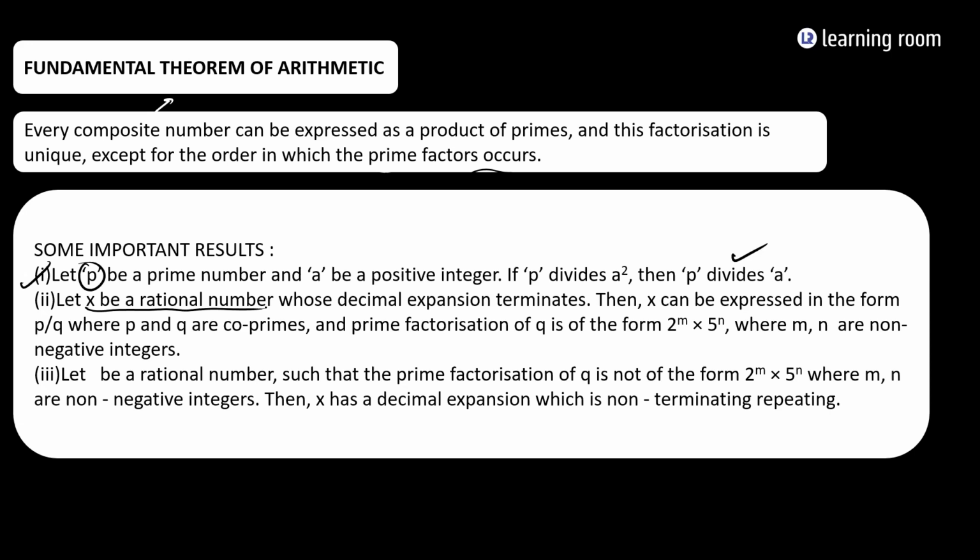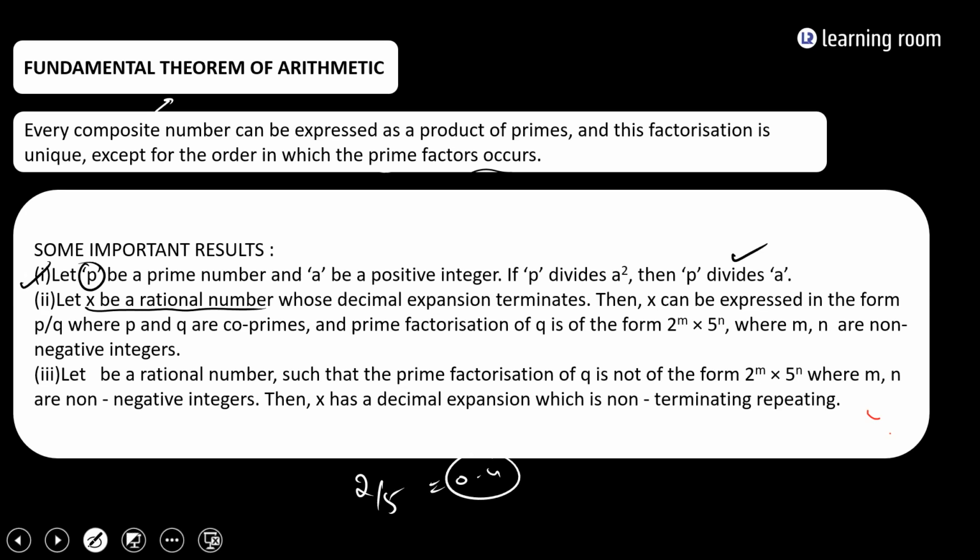Sorry, yeah, please tell me. If x is a rational number whose decimal terminates, what do you mean by that? Can you give me an example of such a number? 2/5, can I take? Is the decimal value going to end or not? Yes, sir, it will end as 0.4.